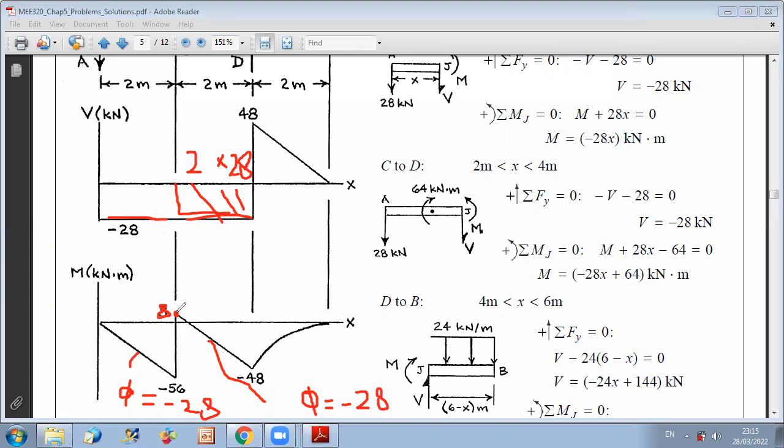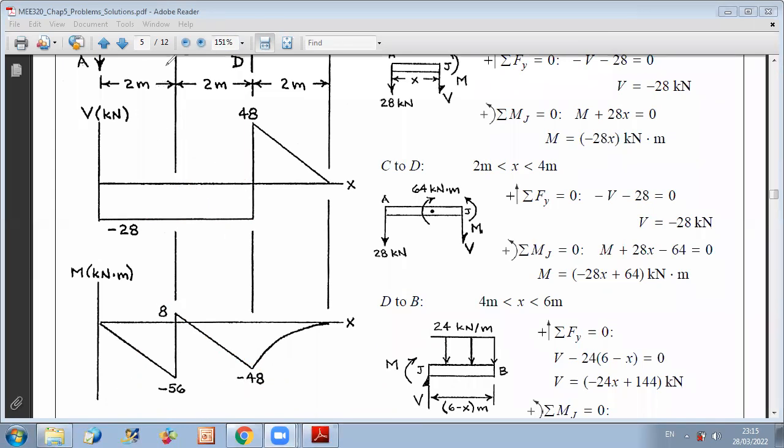So I should decrease to minus 48, because the value here is 8 minus 56, the area limited by V and the x-axis. 8 minus 56 gives you minus 48. So now you have determined the value of your bending moment at this point.